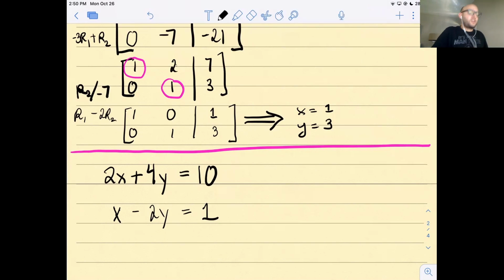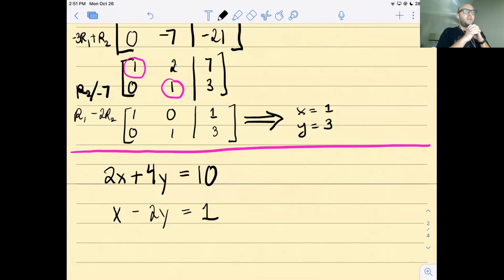Yeah. So the first pivot that you want to use is always going to be in the top left. Okay, good. So you got the first part.